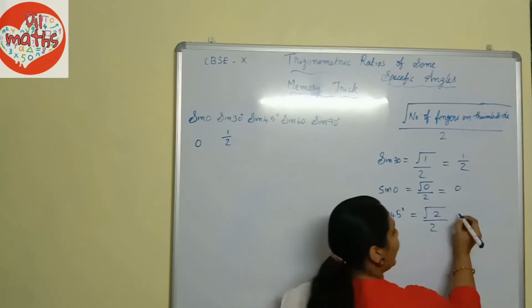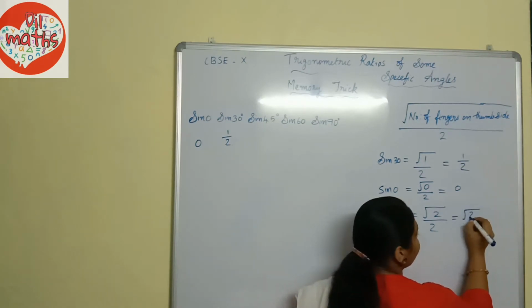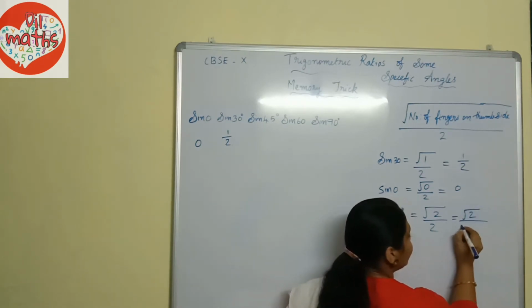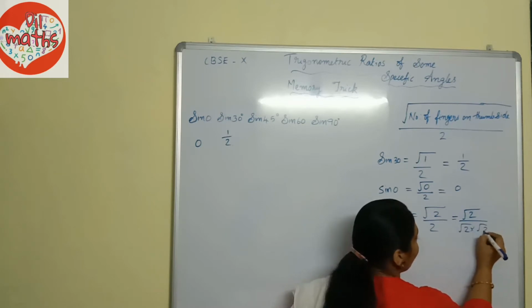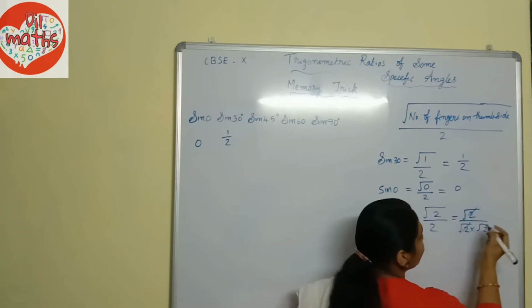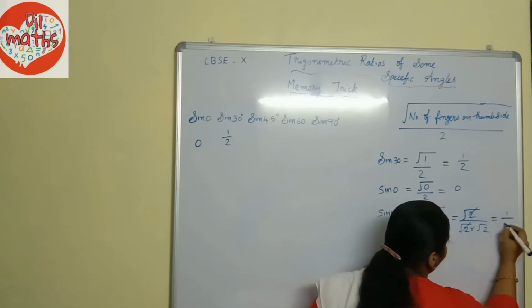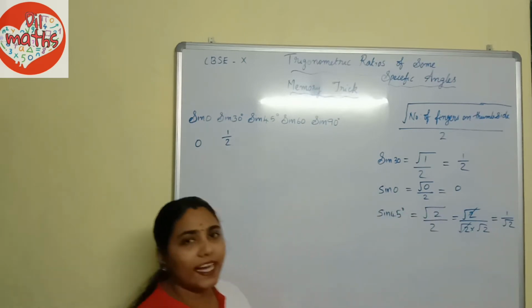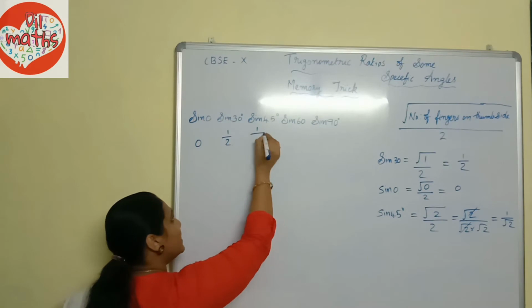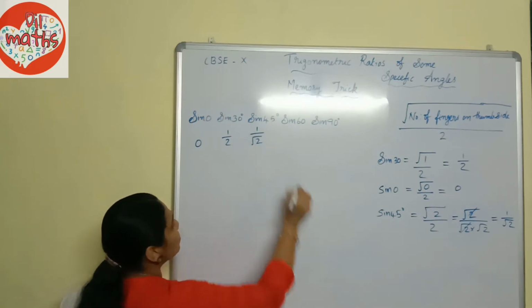Square root of 2 by 2, and how can we simplify this? 2 we can write as root 2 into root 2, and we can cancel one root 2, and you will get 1 by root 2. So sine 45 degree is equal to 1 by root 2.